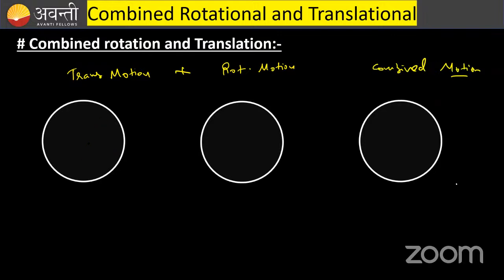So just suppose that the body is moving with a constant velocity v, and it is rotating with an angular velocity omega at some time.